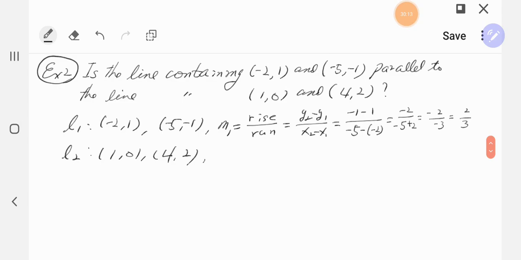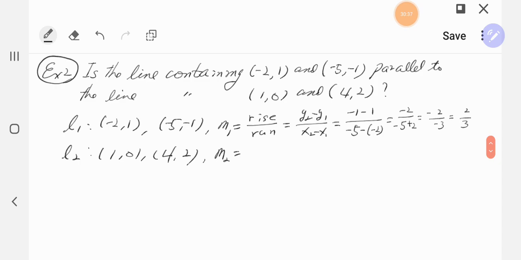And let's check line 2. If M2, the slope of line 2, is equal to this, 2/3, then two lines are parallel, right? If M2 is the negative reciprocal of M1, so negative 3 over 2, then two lines are perpendicular, right? If it is none of them, then two lines are neither perpendicular nor parallel.